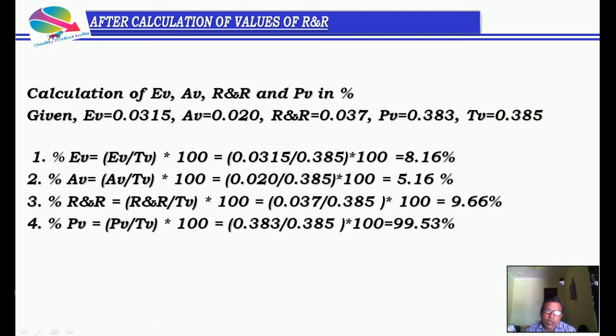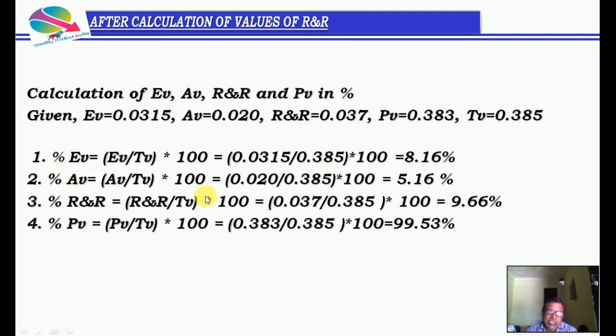Now we are going to calculate EV, AV, R and R and PV in percent with respect to total variation. If you calculate EV in percent, the formula is EV by TV multiplied by 100. Like that you have to calculate the percentages, and if you put the values here, percentage of EV will come 8.16.